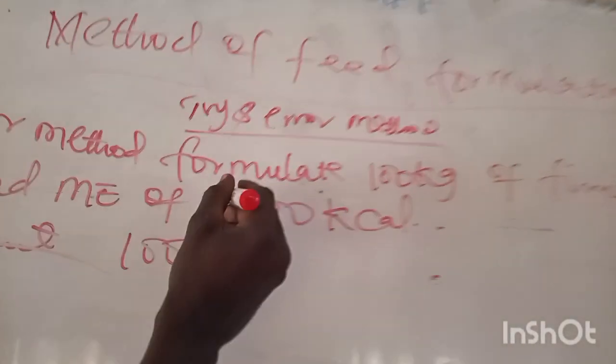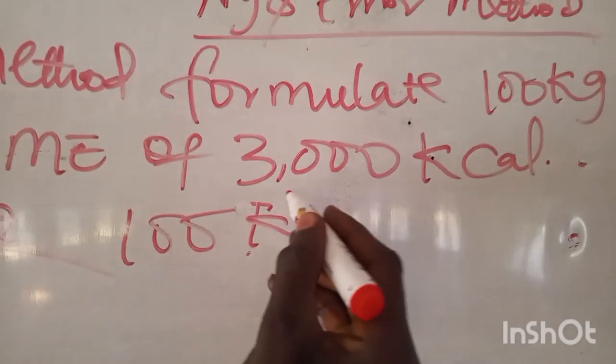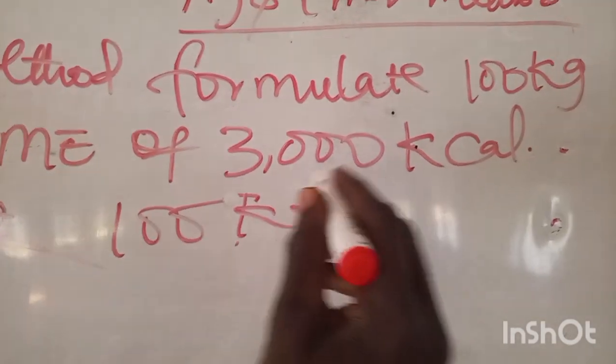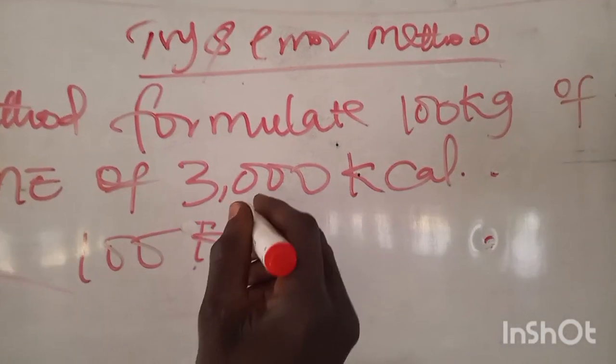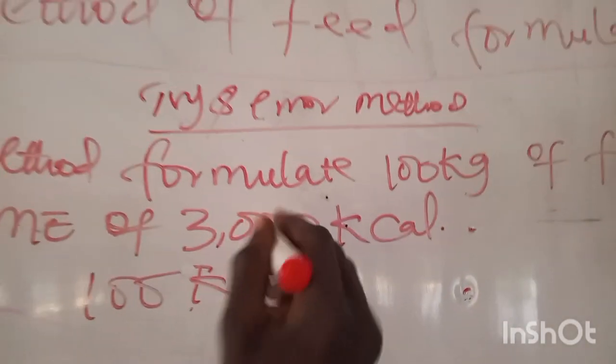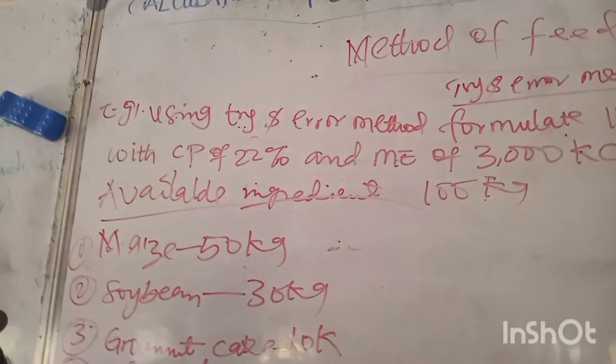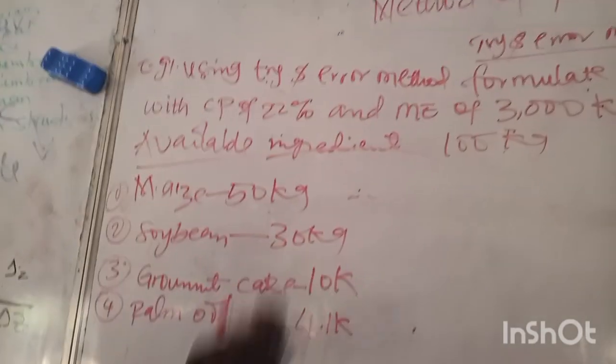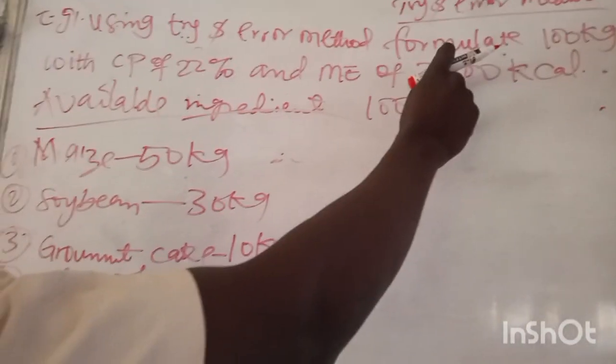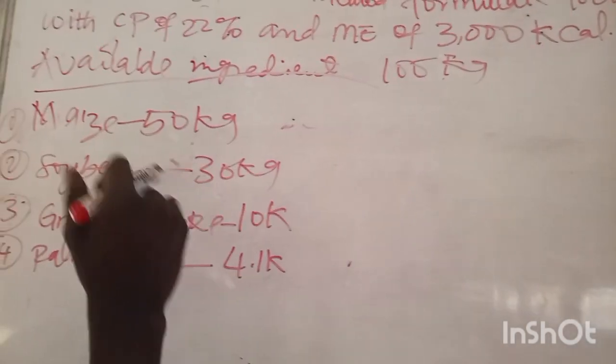Now, come here. Look at what they give over here. We are expected to have 3,000 energy level. Now the CP given here is 22. Do you understand now? For you to meet up with the energy level, you need to give a higher kg of something that generates energy, and that is why I use 50 here.